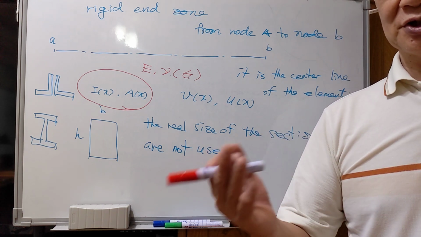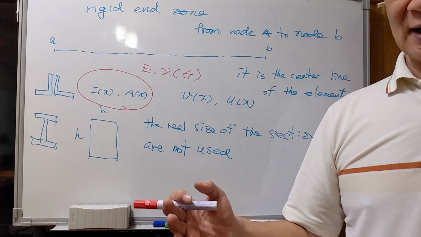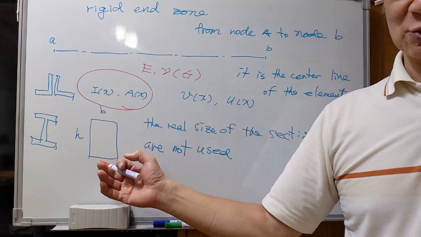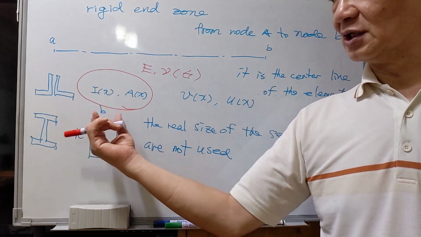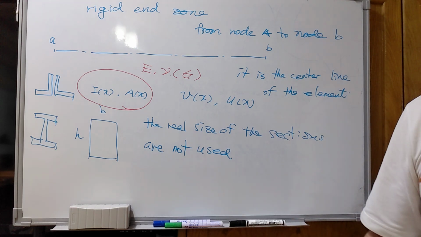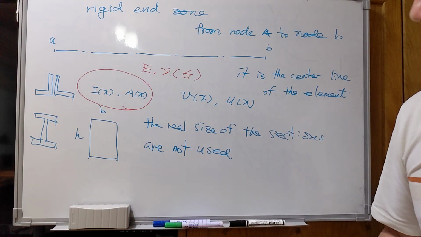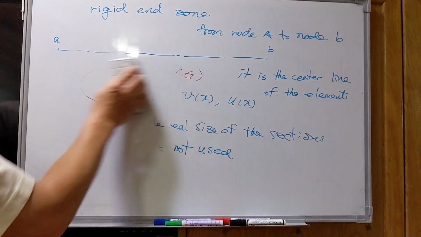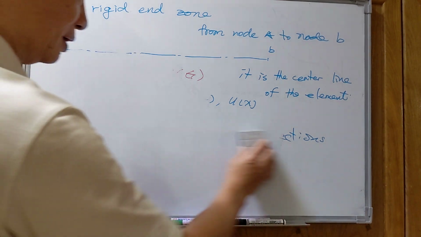After we input all these, we don't need to tell the program the shape of the cross section or its detailed dimensions. So that's what we have considered for the frame elements so far.